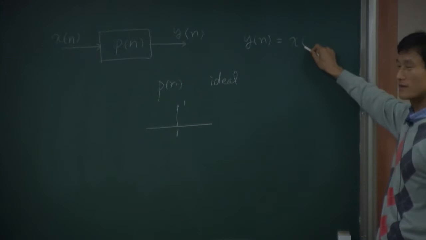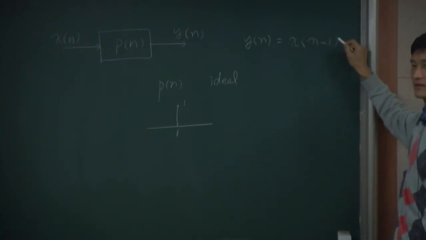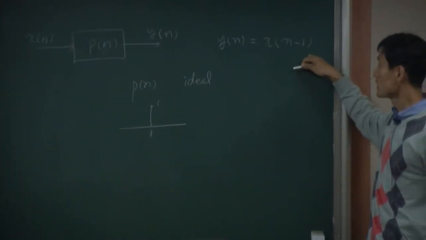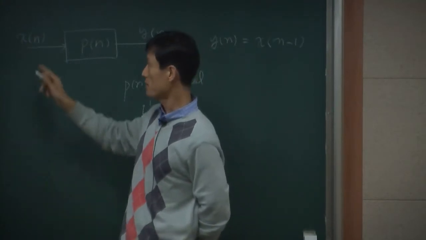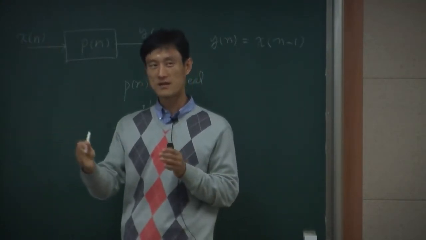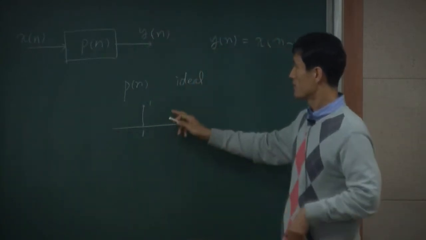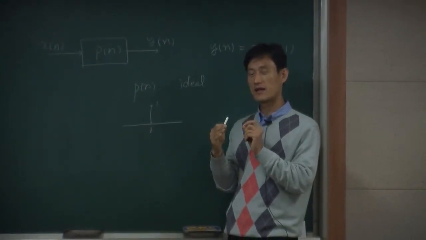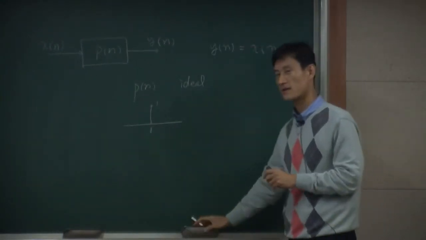Simply the input, and you are adding 1 delay, like this, right? It doesn't matter what your input signal is in this case. Maybe your input signal is very complex, or there is a lot of different information. Doesn't matter. Because inside this block, we are adding only 1 delay, like a flip-flop or something like that. So that's what happens in this case.